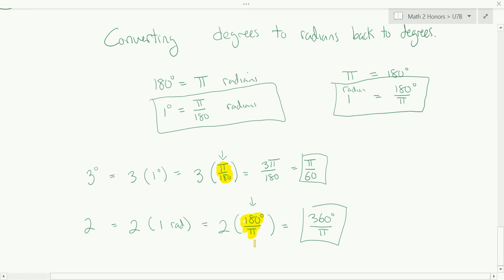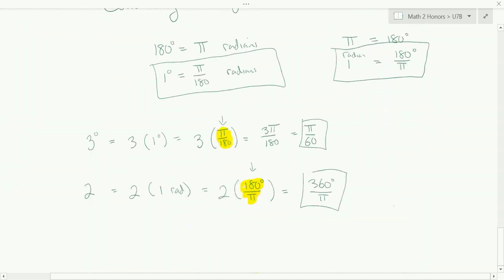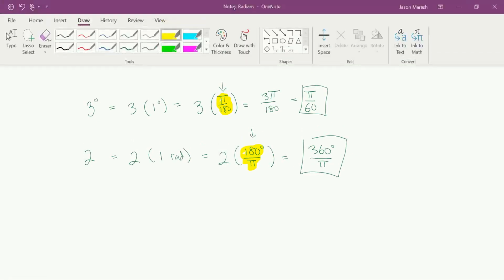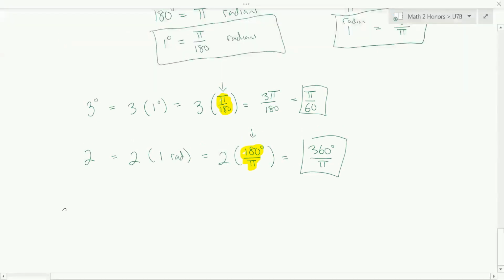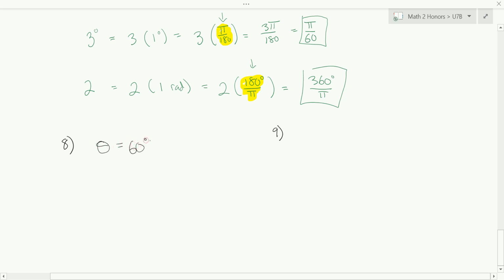So I'm just going to give you two sample problems to try. What number am I on? 8? Okay. So I'm going to give you 8 and 9, and then we'll finish our notes here. So 8, I'm going to say theta is, say, 60 degrees. Convert that to radians.